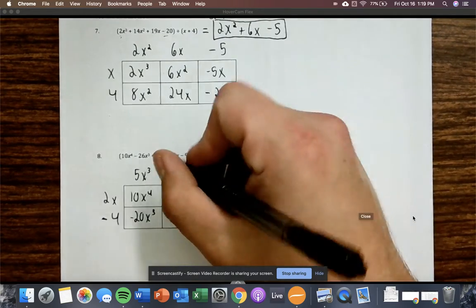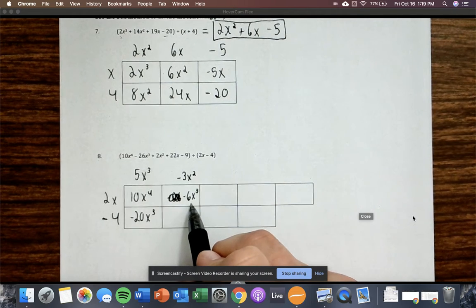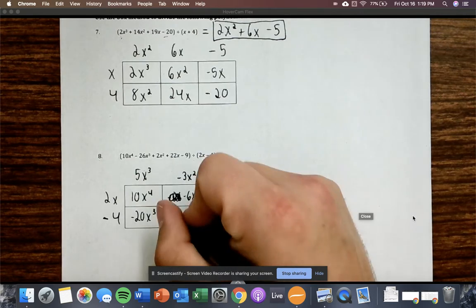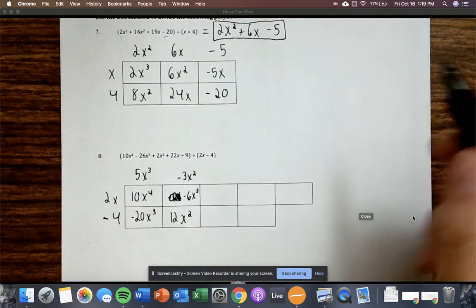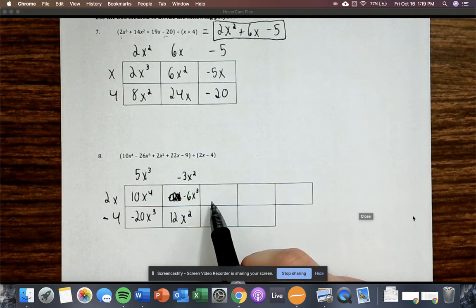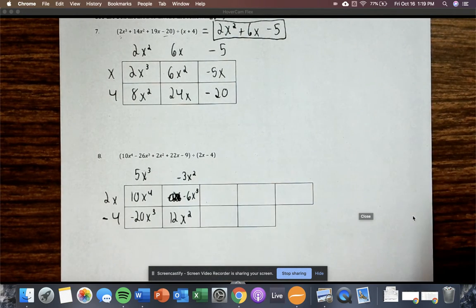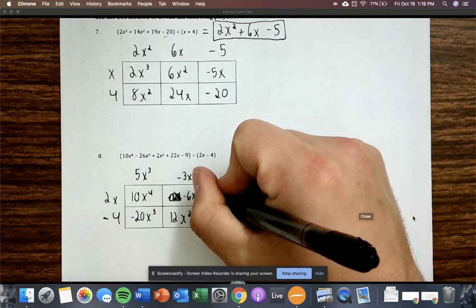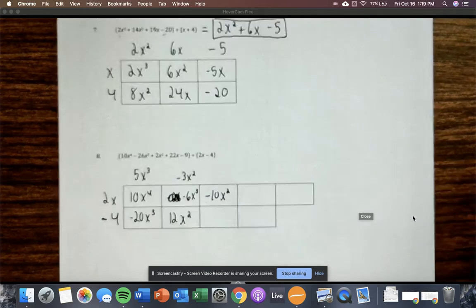So 2x times negative 3x squared gives me this term here, this negative 6x cubed. And then negative 4 times negative 3x squared is 12x squared. Combining like terms again, I know 12x squared plus something has to be equal to 2x squared. So I have 12x squared minus 10x squared will get me that 2x squared.